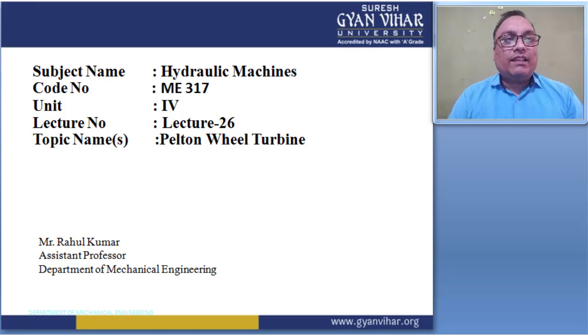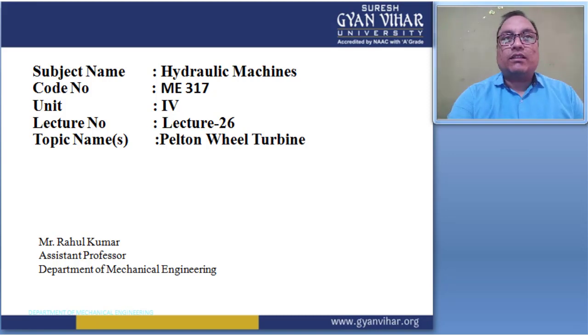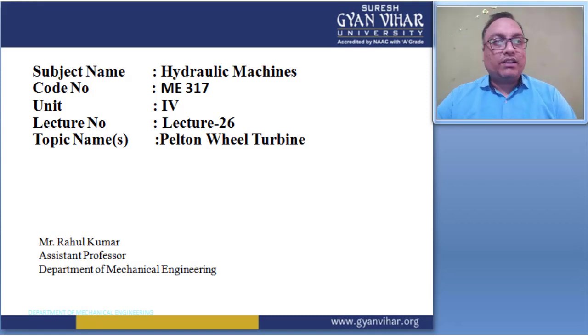In this lecture I will give a description of the Pelton wheel turbine, its construction, working principles, the relation of the efficiencies, losses related to the turbine, the advantages and disadvantages of the turbine, and some other cases such as the speed relations of the turbine. So this type of topic I will cover in this lecture.